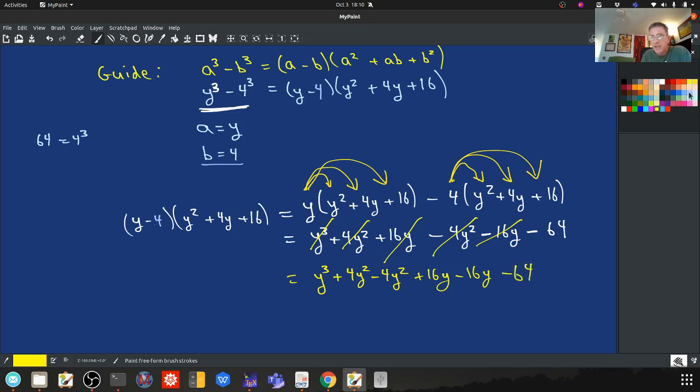And finally, we simplify. Here are my like terms and my like terms. So I have y cubed. 4y squared minus 4y squared is 0, so these cancel. 16y minus 16y cancels. So it's y cubed minus 64, which is the same thing as y cubed minus 4 cubed. Okay, that's it for lecture 5.7.